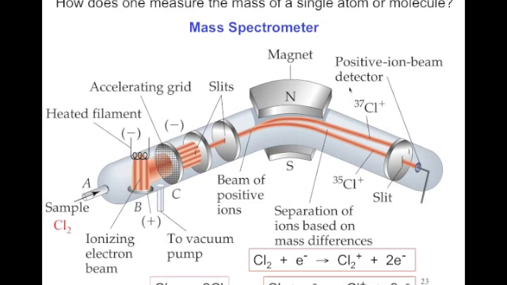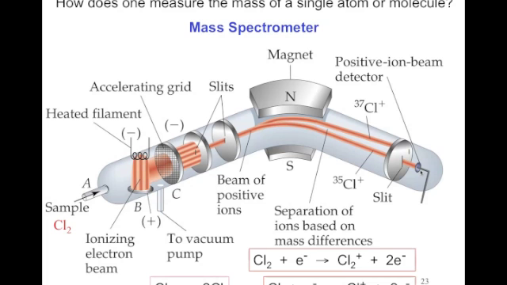So what we do is this. No magnetic field strength, no bending. We eventually scan our magnetic field strength so that we turn the beam so that the lightest component passes through a slit and then is detected.